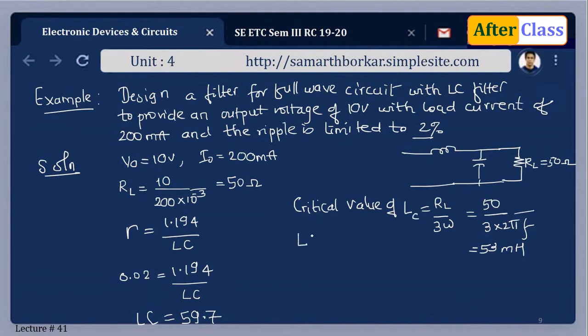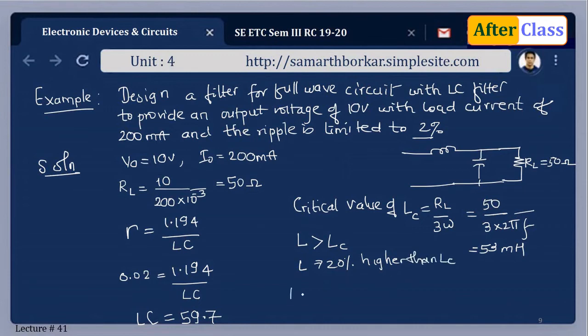Now the value of L, this is the critical value, so it is denoted as LC. Now the value of L should be greater than LC. Now by what amount? So we can take it as about 20% higher. So L should be 20% higher than LC. Fine.